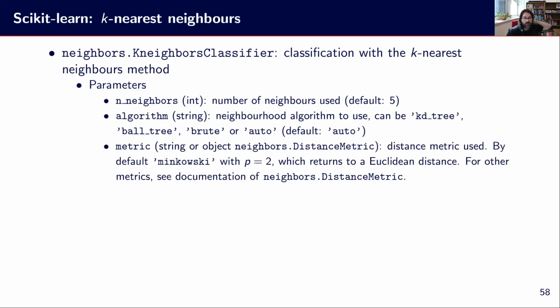And we can also modify the metric. By default, it is Euclidean distance, basically Minkowski with p equal to 2, so it's the same thing. We have other metrics available, but I would say just look at the documentation. You also have the distance metric objects, so you can plug in a different object that will be processed in some way.